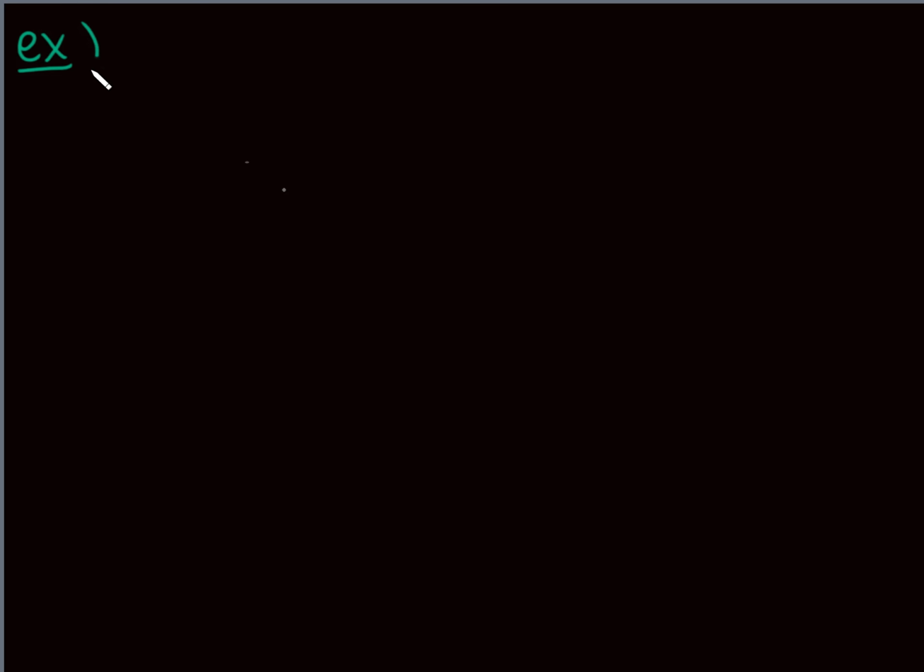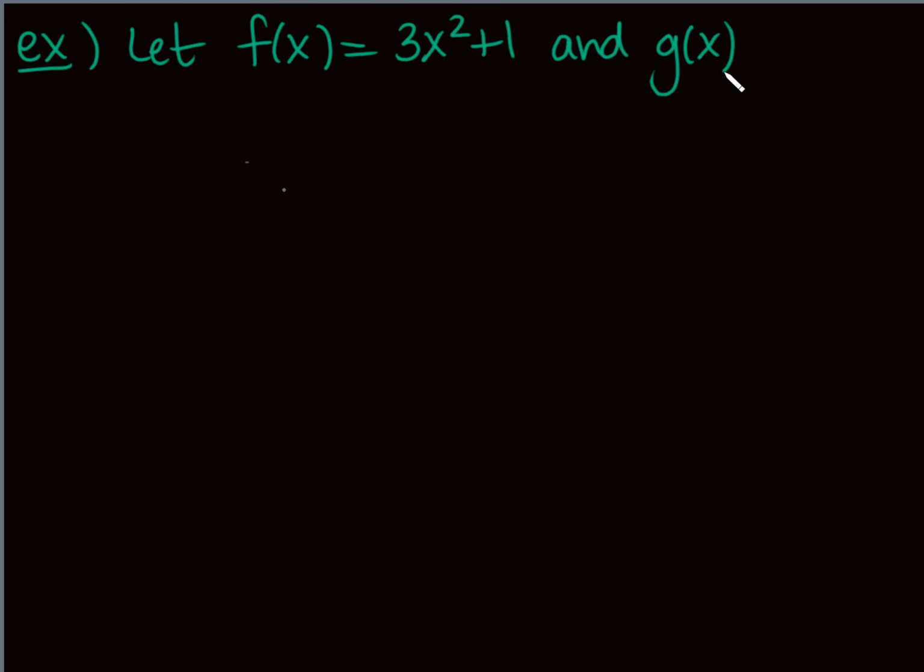Okay, all right, cool. Let's do some examples. A couple quick examples that'll be easy here. Let f of x equal 3x squared plus 1. And let's say g of x, let's keep this simple, equals 4x minus 2x squared.